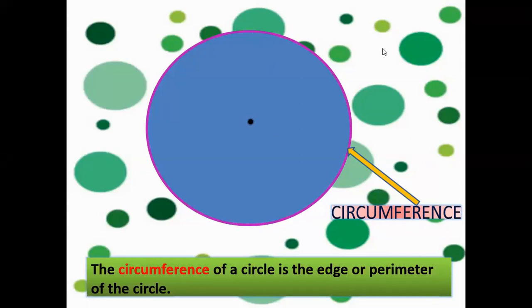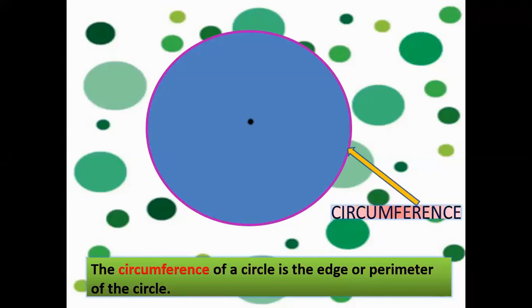The circumference of a circle is the edge or perimeter of the circle. We would have done perimeter of polygon, so we know what perimeter means.